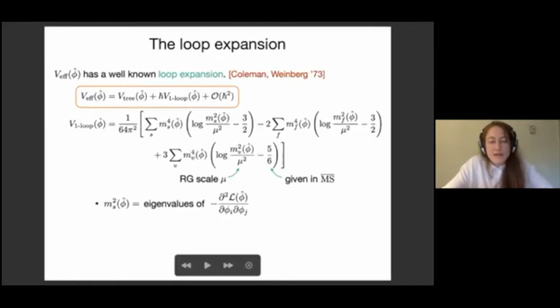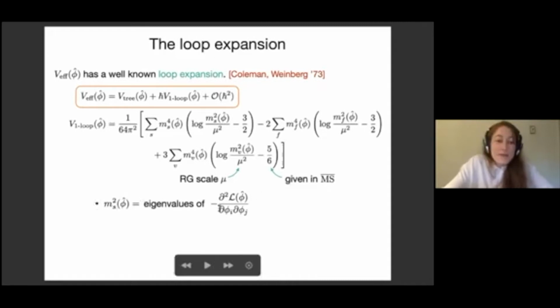I'll just point out some features of this formula. First, it's a function of the eigenvalues of the mass matrices for the scalars, fermions, and vectors in the background defined by the phi hat.